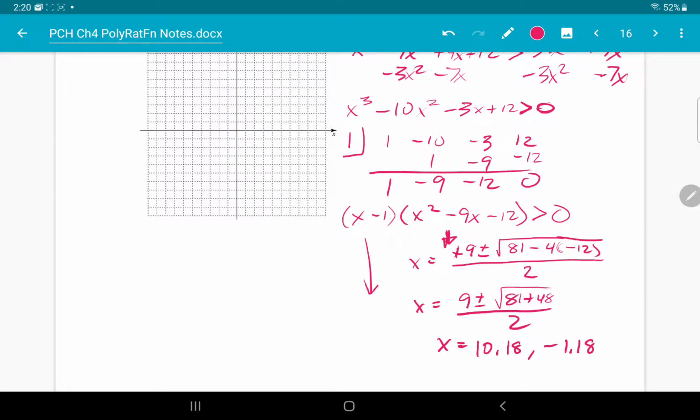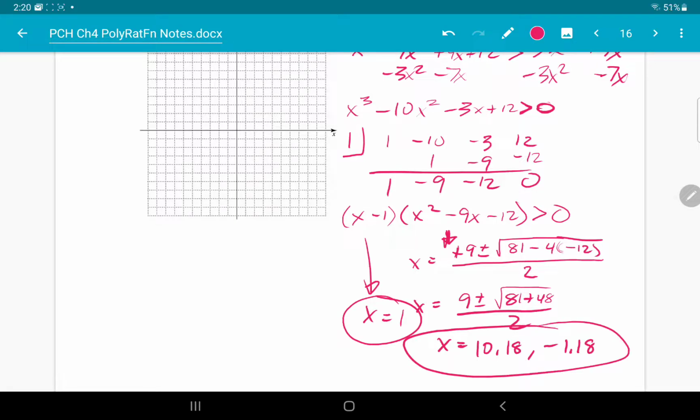And then we also have the zero of 1 as well. So we have x equals 1, 10.18, and negative 1.18. So sign analysis says we have negative 1.18, and then 1 comes after that, and then 10.18 comes after that.